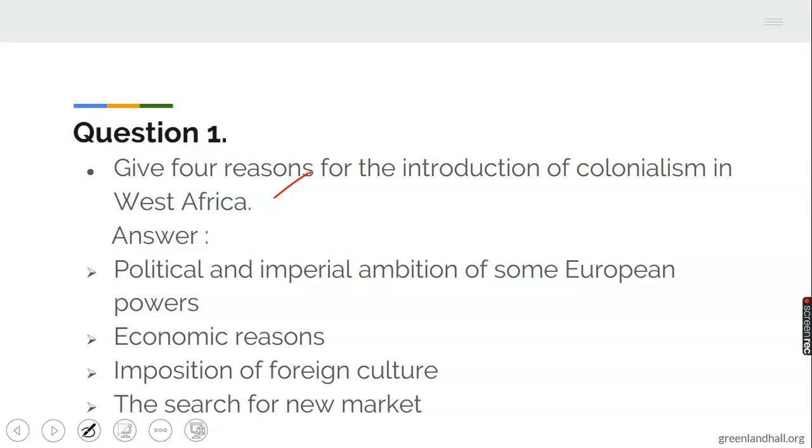Answer. 1. For political and imperial ambition of some European powers. 2. For economic reasons. The third reason, imposition of foreign culture. And the fourth one, the search for new markets.